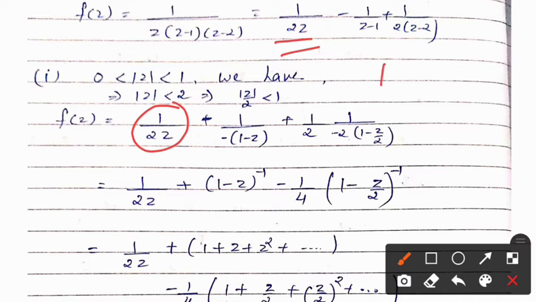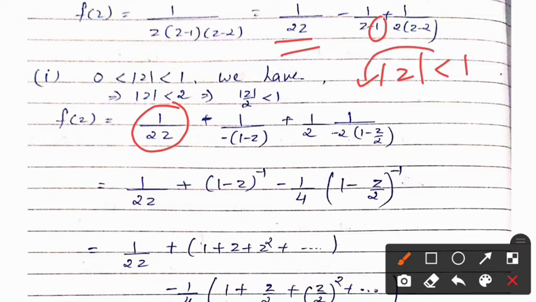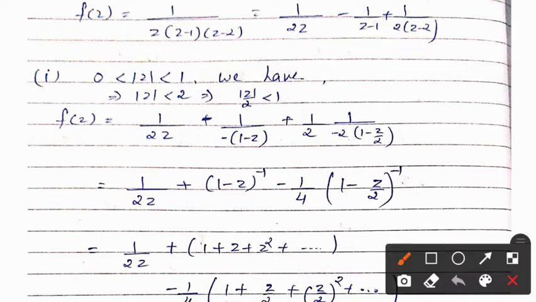Now, you are given here mod z less than 1. So this is already less than 1. In the denominator where z minus 1 is there, you have to put 1 minus this. What do you have to do? 1 minus the number which is less than 1. So, here z is less than 1, so I want here 1 minus z.